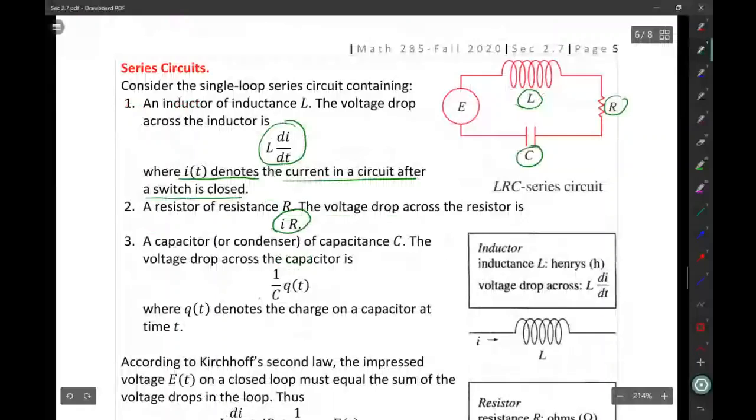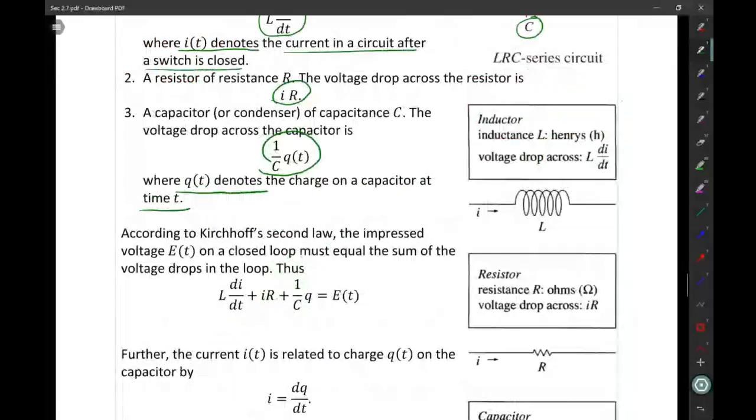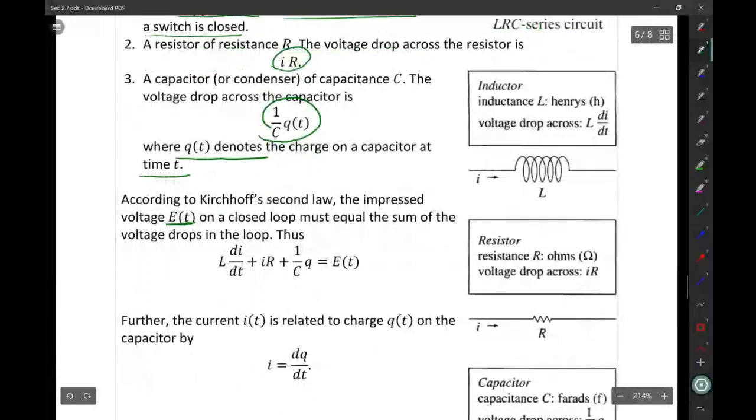The charge on a capacitor at a time t. Now, according to Kirchhoff's second law, the impressed voltage E of t on a closed loop must equal the sum of the voltage drops in the loop. I mean, L times di by dt plus Ri plus 1 by C times Q is equal to E of t.